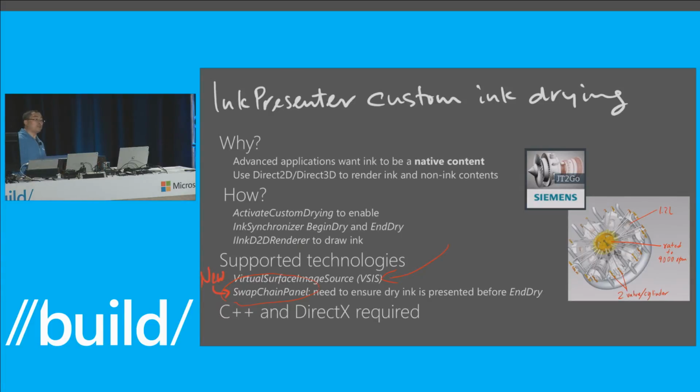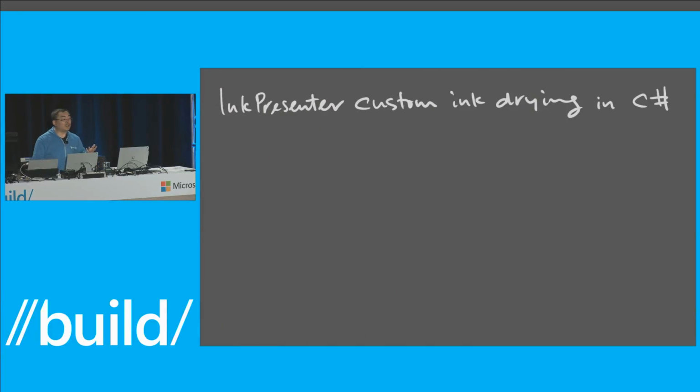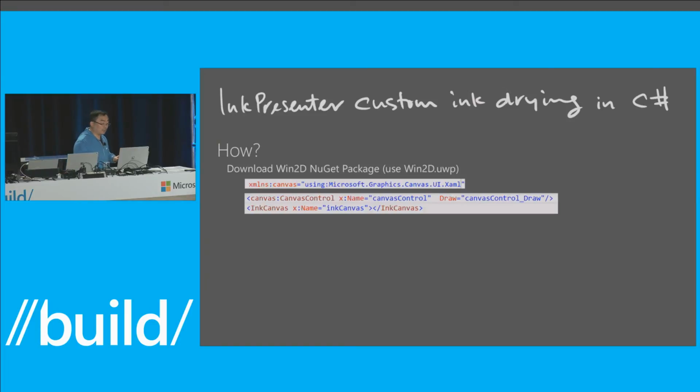And another feedback we got from developers is that all this requires C++ and DirectX knowledge. Well, the good news is you can do custom drawing in C# as well with Win2D. It's very simple.